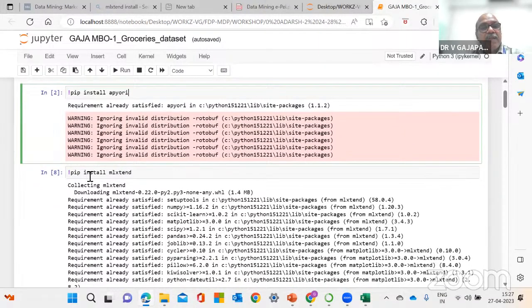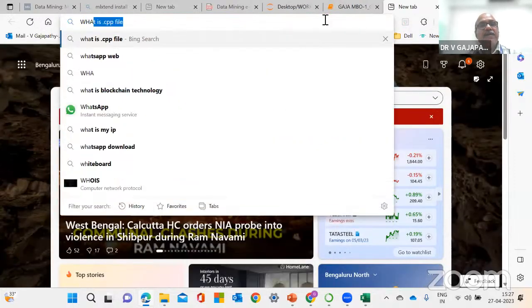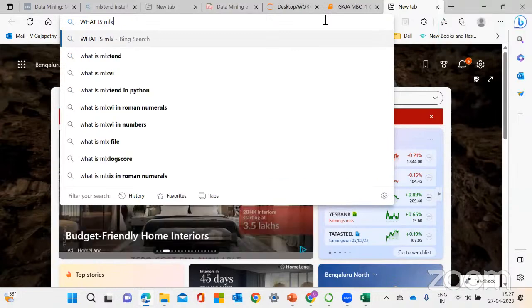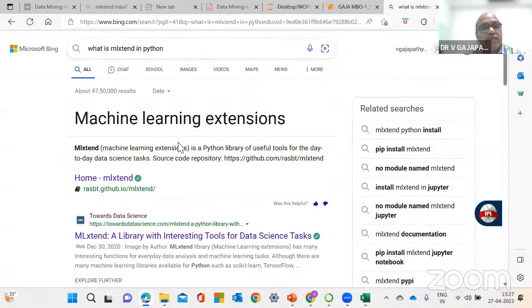Next, I'm using MLxtend. Okay, what is this MLxtend? We can go here and see. I just want to know what MLxtend is in Python. See, MLxtend, machine learning extensions, is a Python library of useful tools for the day-to-day data science tasks.